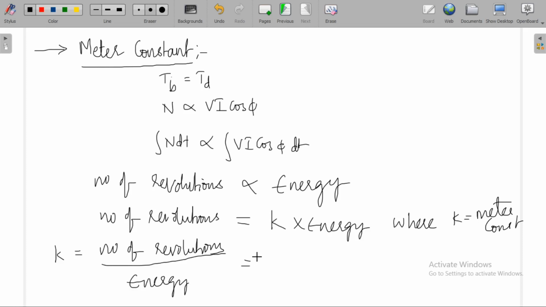So simply write meter constant K is equal to number of revolutions by kilowatt hour.